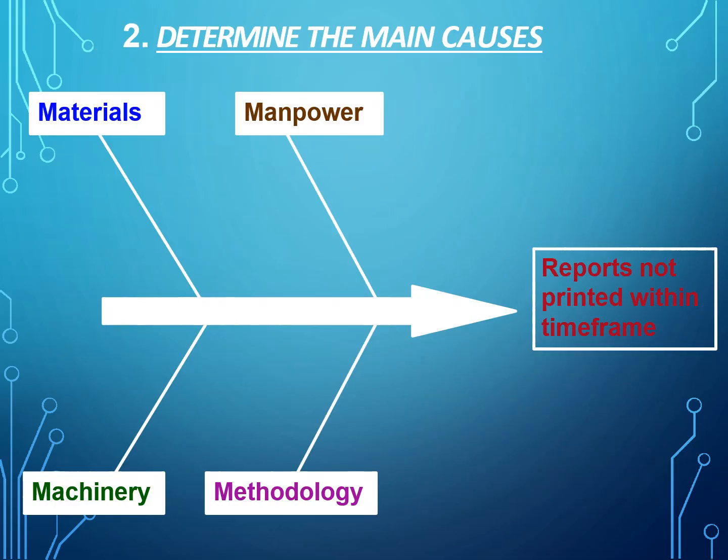The second step is to determine the main causes. So during the brainstorming session, we might be able to identify major causes, such as materials, machinery, manpower, and methodology. And by brainstorming, we can also further break this down.